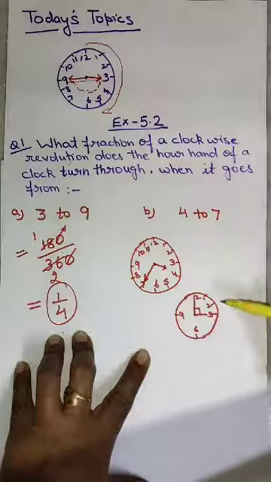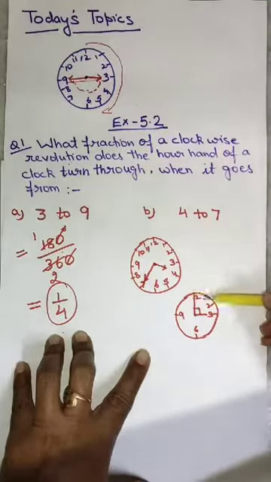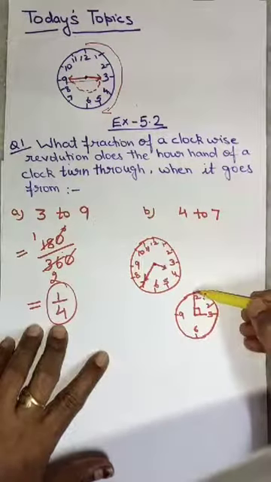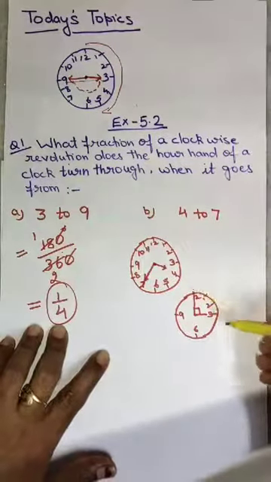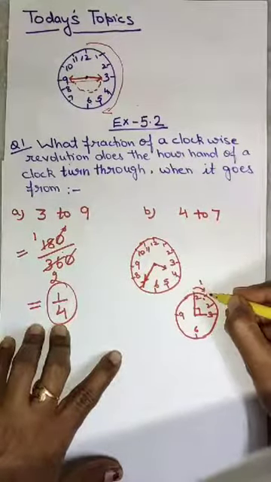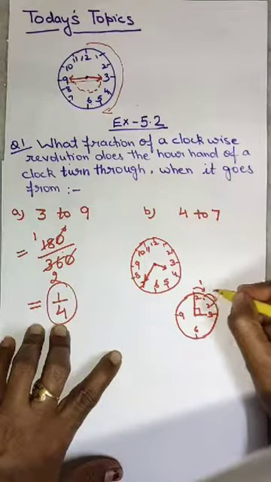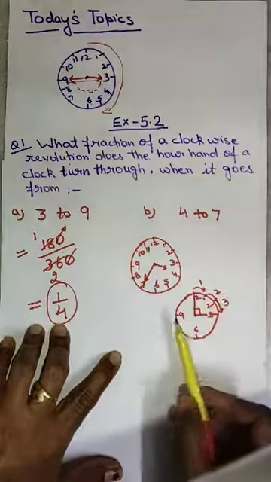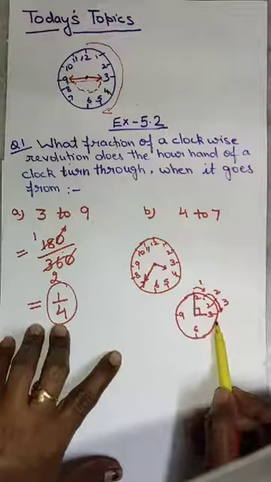Now see the gap. See how many numbers are there between 12 and 3. From 12 to 1, 1; 1 to 2, 2; and 2 to 3, 3. So there is a gap of 3 numbers.